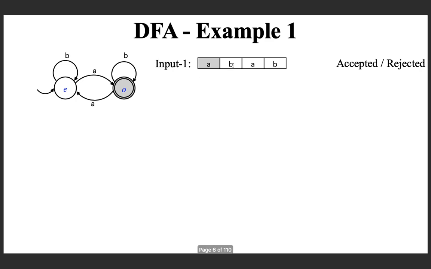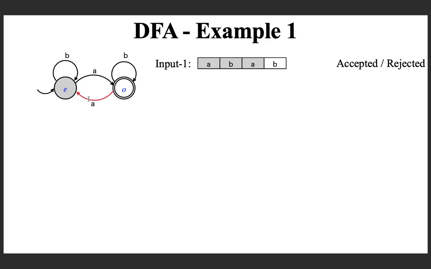What is the next input symbol? B. You process B and move along the transition for B. You are coming back to the same state. So what is the next input symbol? A. So from here, you take the edge for A and you are coming back to E again. So you finish three symbols.